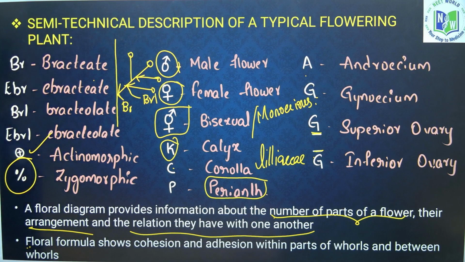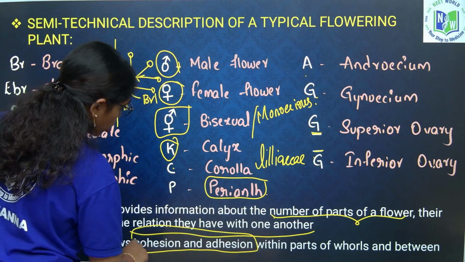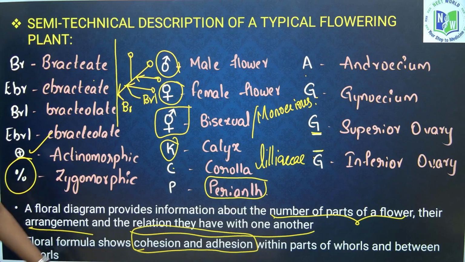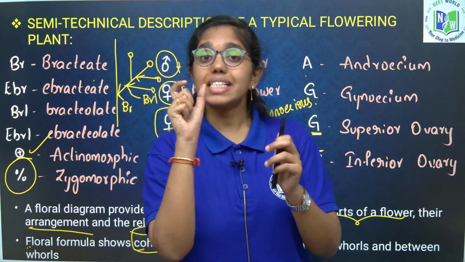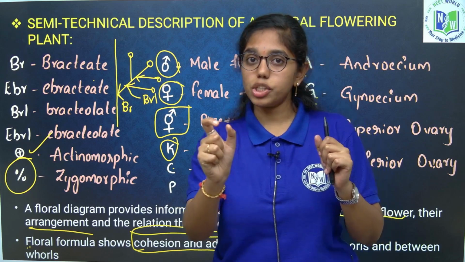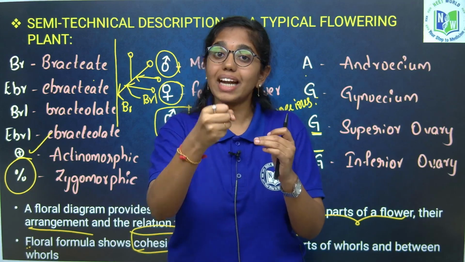The floral formula will also show you cohesion and adhesion. Of course, the floral diagram also shows cohesion and adhesion. What is cohesion and adhesion? If the same whorl, for example the androecium, is connected within itself, with stamens connected to each other, that is cohesion.